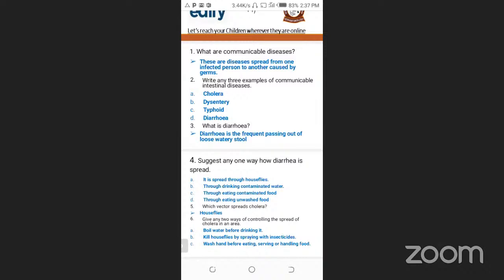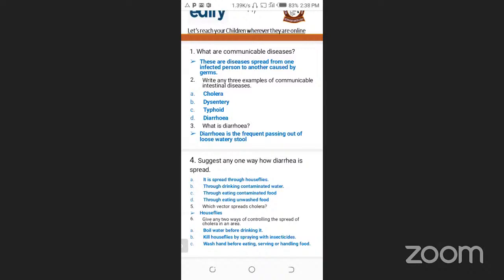Then B, you can also talk about killing houseflies by spraying with insecticides. You need to kill the houseflies around. Even in your toilet or latrine, if you have houseflies there, make sure you go and spray that toilet with insecticides. These insecticides are chemicals that are used to kill the houseflies.